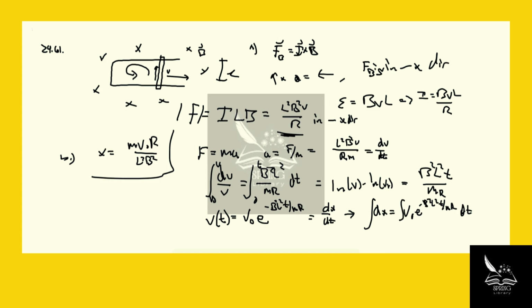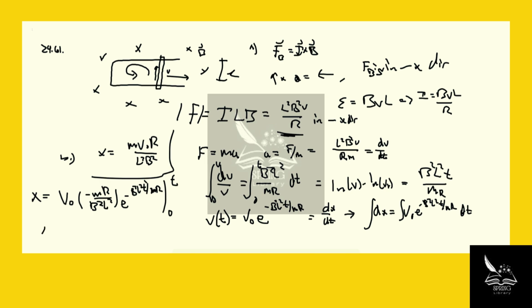Now we integrate both sides, and let's write this integral out over here, and we're left with x equals V naught times minus m R over B squared L squared times e to the minus B squared L squared t over m R. And this is all evaluated from 0 to t.